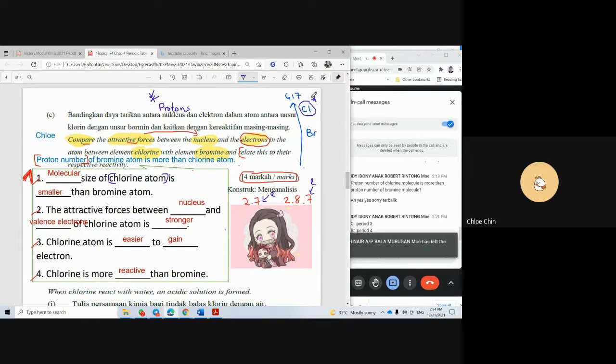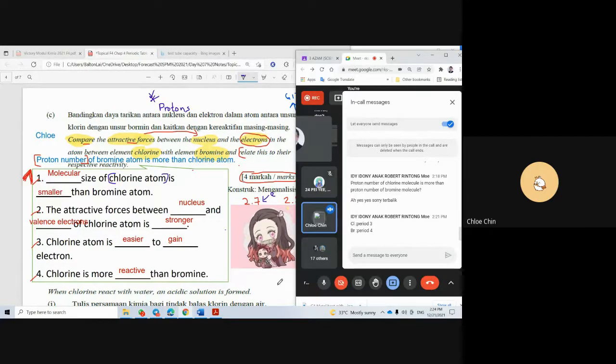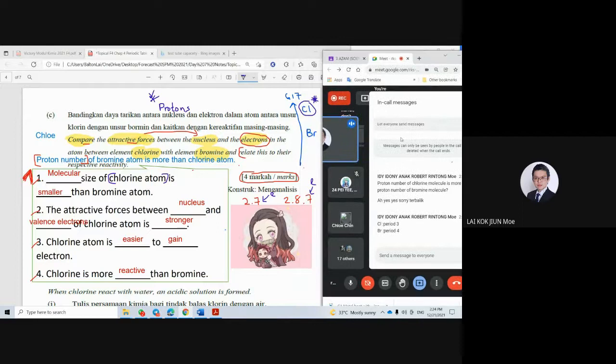Oh, then teacher, if it's in period 3, then as the proton number increases, the reactivity increases in period 3, right? Proton number increases, and then what happens? Then it is more reactive in period 3. Not really, because they are different. They are not in the same group already.